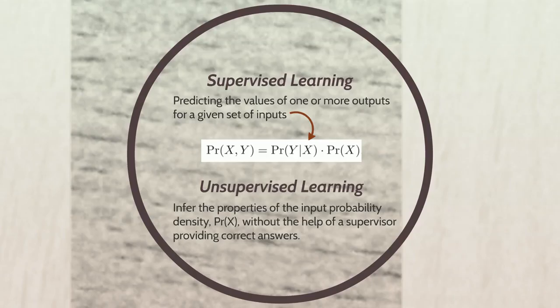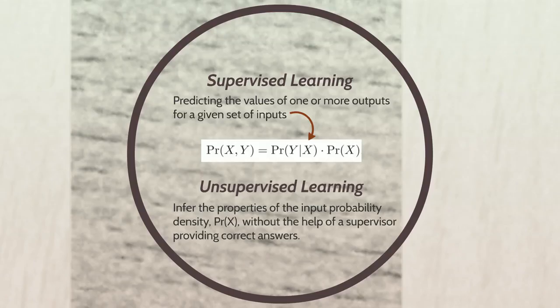In this case, one has a set of observations of a random vector with a joint probability density, and the goal is to directly infer the properties of this probability density without the help of a supervisor or teacher providing correct answers or degree of error for each observation. So you see this probability formula here. We've got the probability of x and y, which is dependent on the probability of y given that we have x, and simply the probability distribution of x.